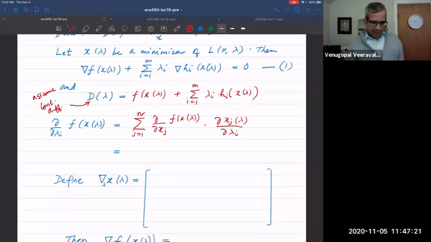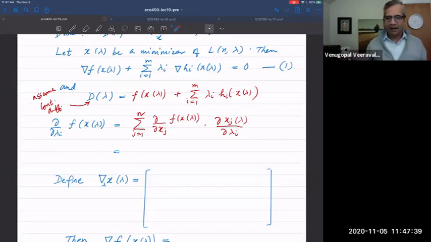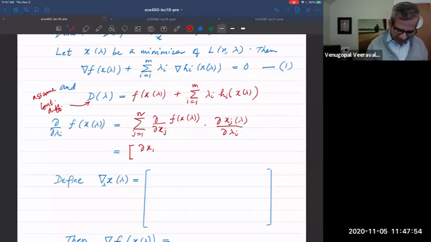Because there are n components in x, I have to take the derivative with respect to lambda_i of each of those components. That's how I get this summation. This is similar to what we did when we talked about backpropagation for neural networks, so we saw this step before. I can write this as a dot product of two vectors.